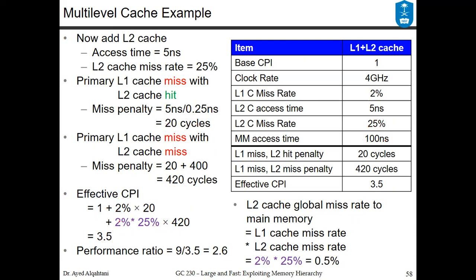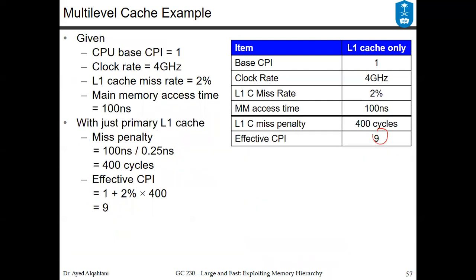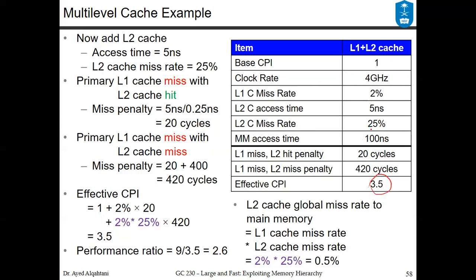Now, comparing the 3.5, which is the effective CPI, by adding the new level 2 cache, to the previous case, when you have only level 1 cache, you know that the CPI there is a lot, which is 9, while here it's only 3.5, which means that you gain a speedup of 2.6.